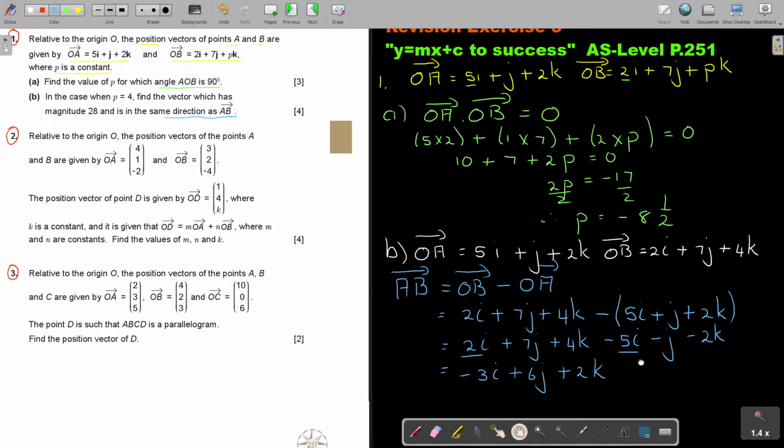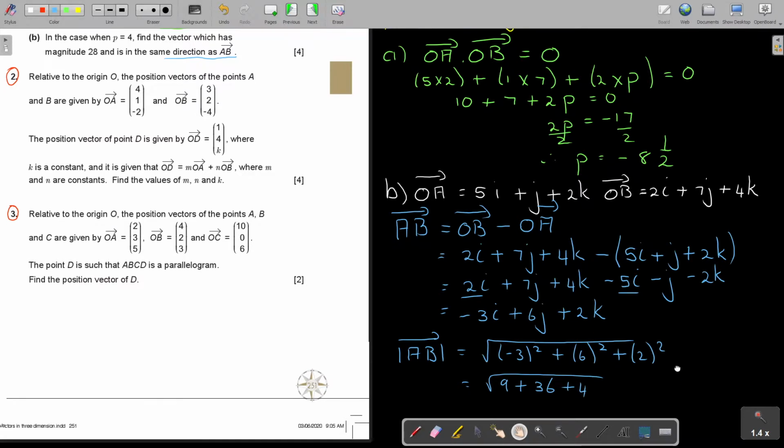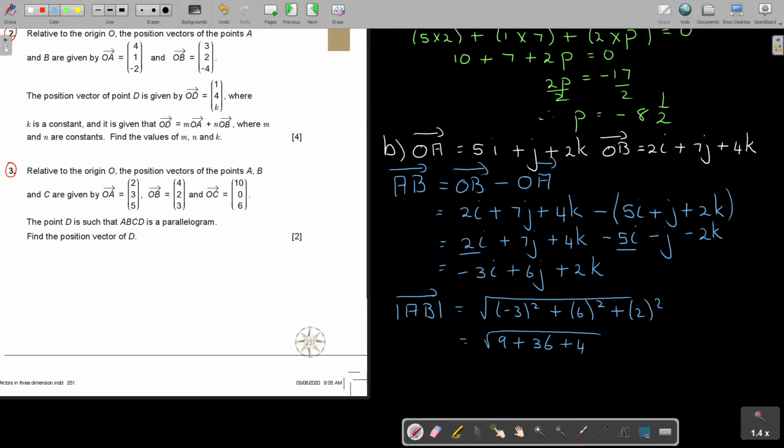So now I'm going to find the magnitude of AB. Remember the magnitude, I write these bars. It's almost the principle of the Pythagoras theorem, and that's going to be 9 plus 36 plus 4, and that is 49, which is going to be 7. So I know that this magnitude is 7.